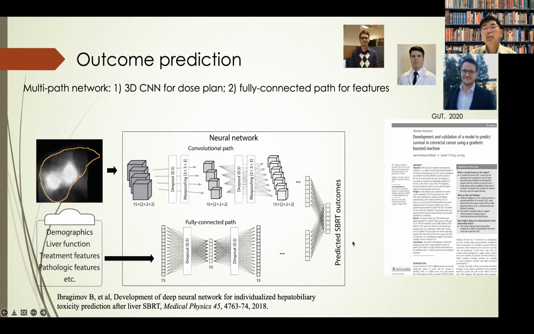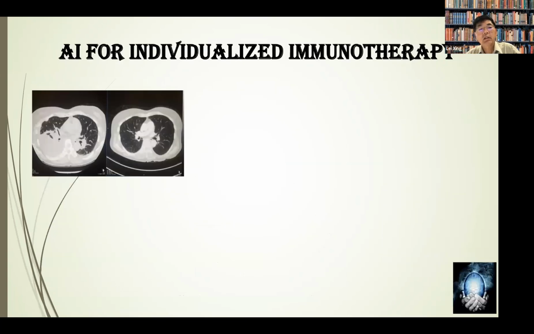We did this for liver SBRT, stereotactic body radiation therapy, a special type of radiation therapy, and also for colon cancer. You just feed in the patient information and try to predict the survival of the patient.